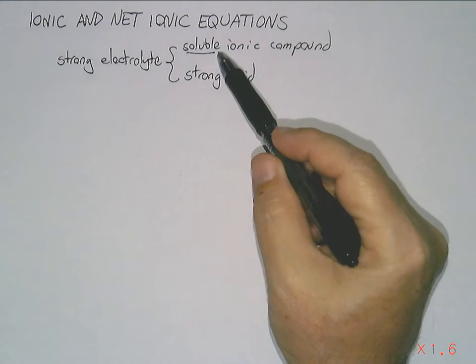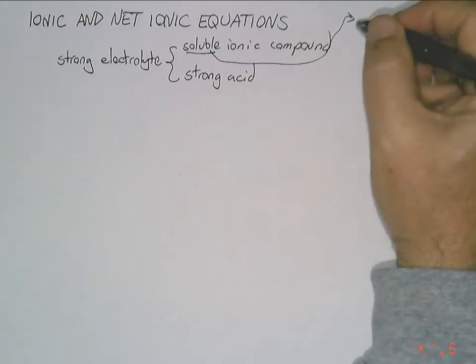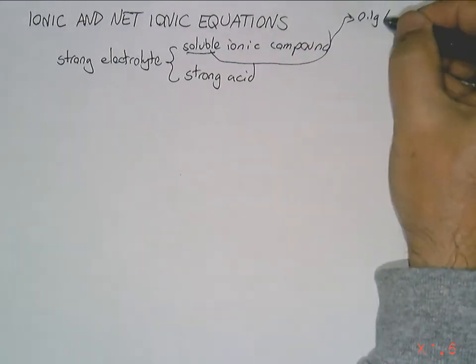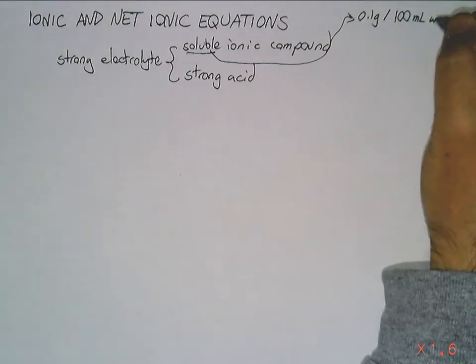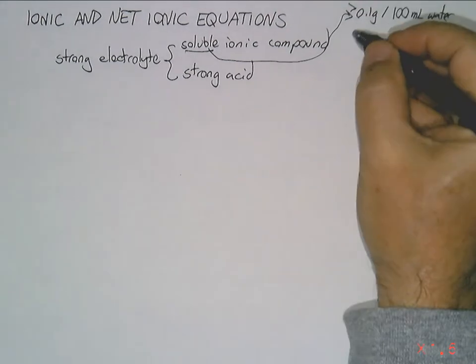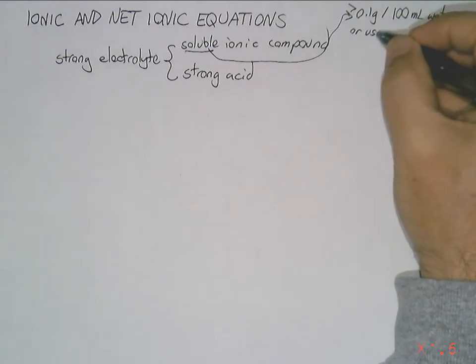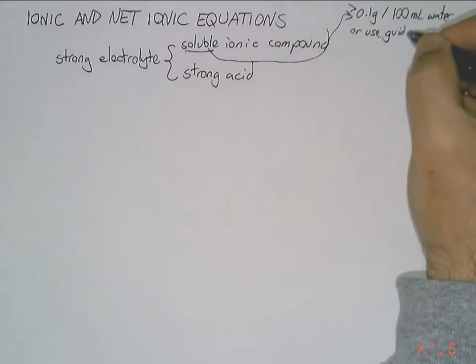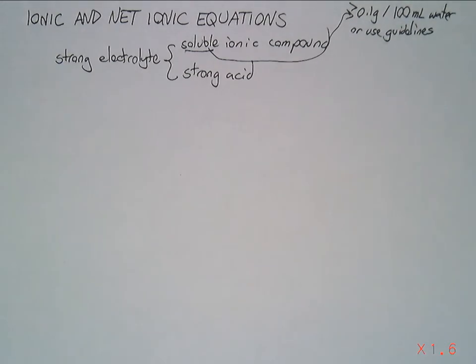by either looking up solubility and seeing if it's greater than 0.1 gram per 100 milliliters of water, or you can look at the guidelines in your textbook for deciding whether a compound is soluble or not.